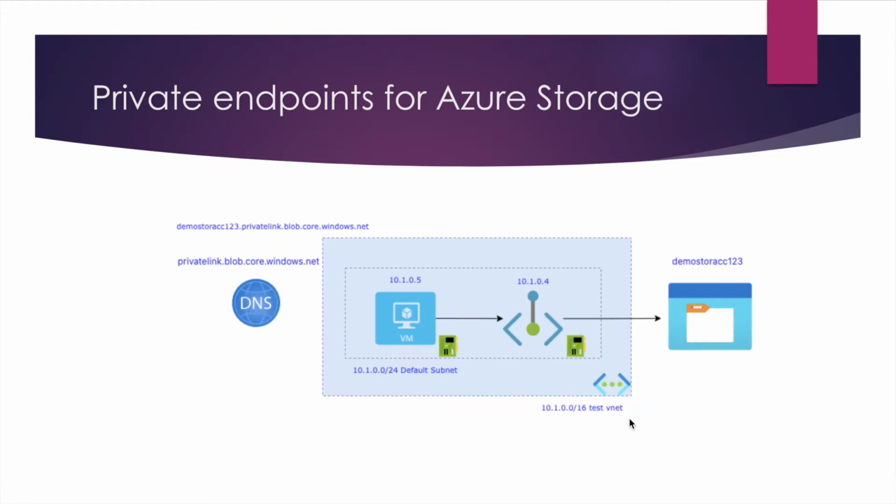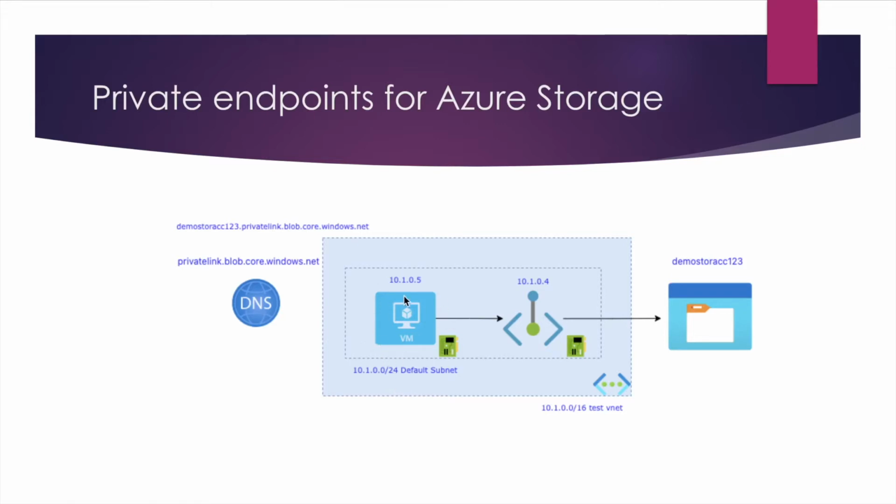So here I have a test VNet in place that takes the address space 10.1.0.0/16, and I have a default subnet that takes the address space 10.1.0.0/24.